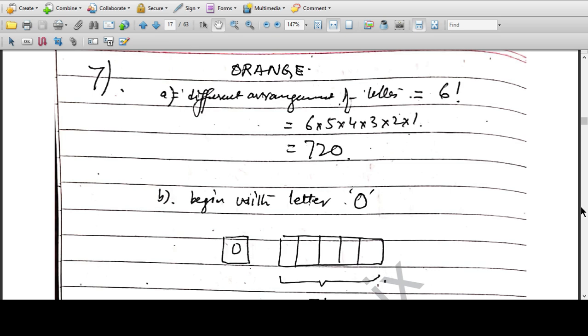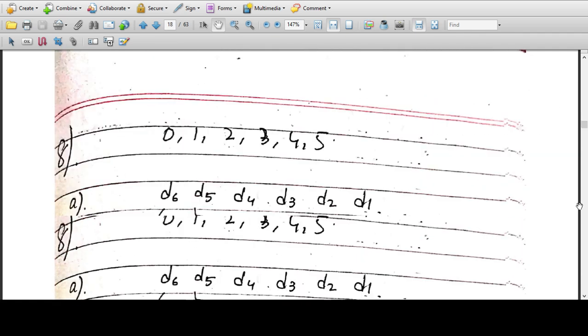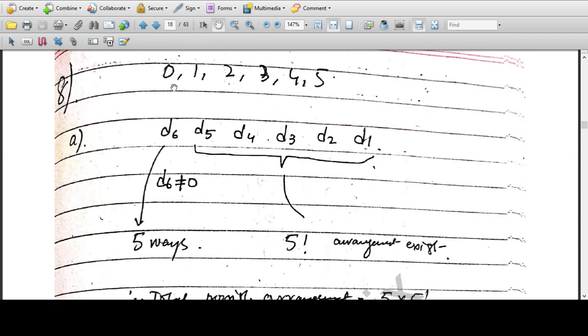So this is part A, digits 0 to 5, and at the first place, the most significant digit, cannot be 0. So if this is not 0, only 5 choices exist.